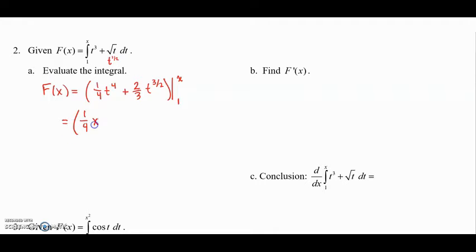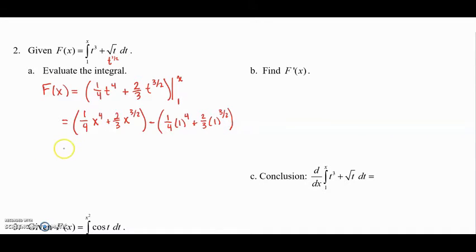1/4 x to the fourth and 2/3 x to the 3/2 minus, and now at least substituting 1, we're going to have probably not 0 here. Let's see what we get. So I'm slowly substituting in 1.